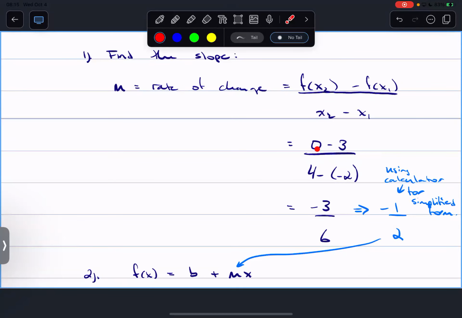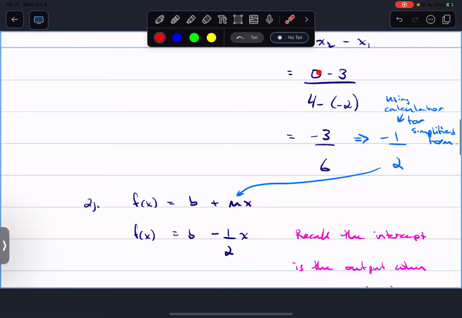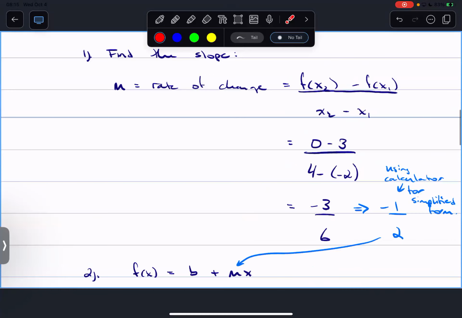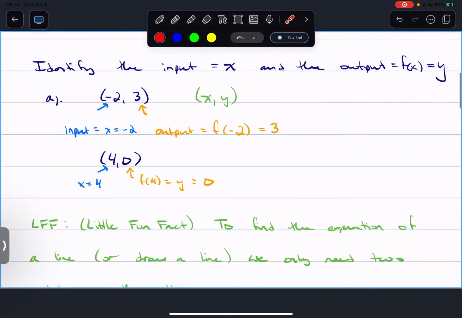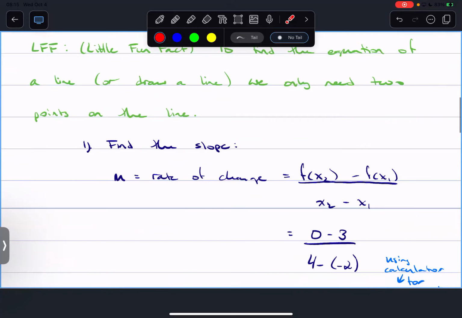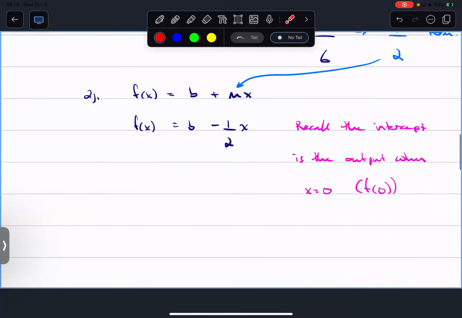I know when x is 4, y is 0, right? I can use that. Those points are on the line. So what can I do? I can remember that, and mostly because I hate dealing with negatives, so I tend to avoid them, right? But you can use either one of these points to find the intercept. So whichever math you prefer. Okay? I'm going to use 4, 0 because, like I said, I don't like negatives.